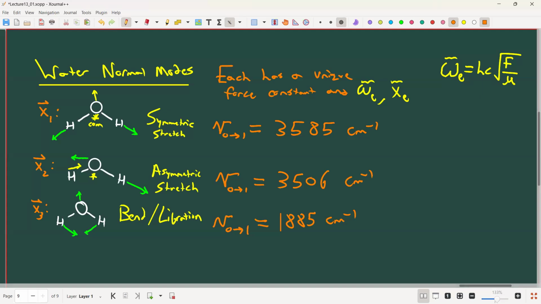Again, you've seen these stretches and bends. It's not particularly new information, but it might be interesting how we arrive at this model.